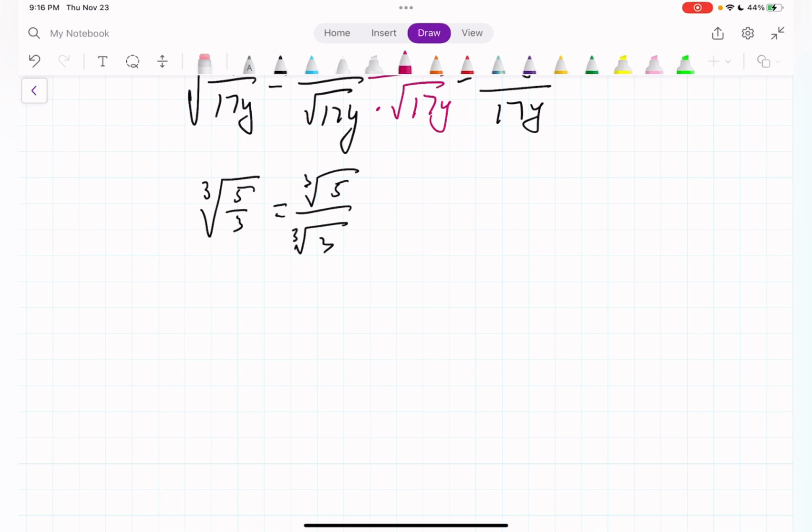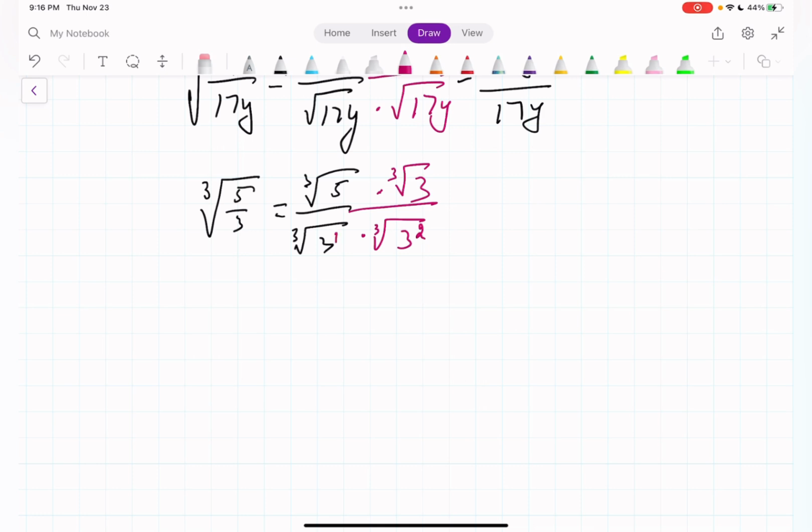That means here we are multiplying by cubic radical 3, but I think I need cubic radical 3 squared, because I need 3 three times.